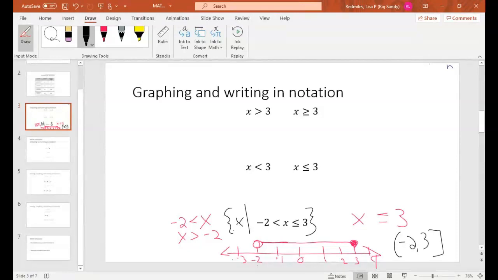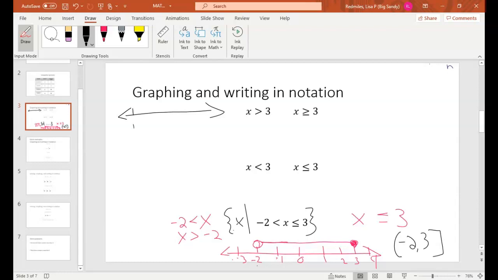All right, now let me backtrack because I didn't show you the other way of drawing this on a number line. The way that I said I didn't care for, but sometimes MyLabs Plus uses it and sometimes they don't. So let me just go back to number 1 and show you what I mean.